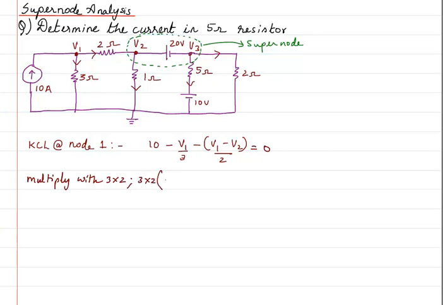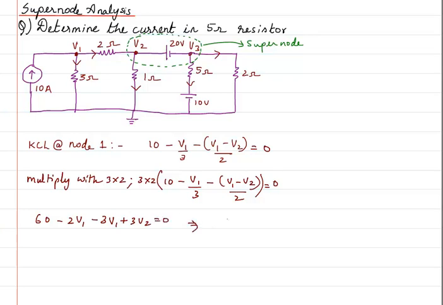We will get 3 into 2 with 10 minus V1 by 3 minus V1 minus V2 by 2 is equal to 0. So from this I can get 60 minus 2 times V1 minus 3 times V1 plus 3 times V2 is going to be equal to 0.